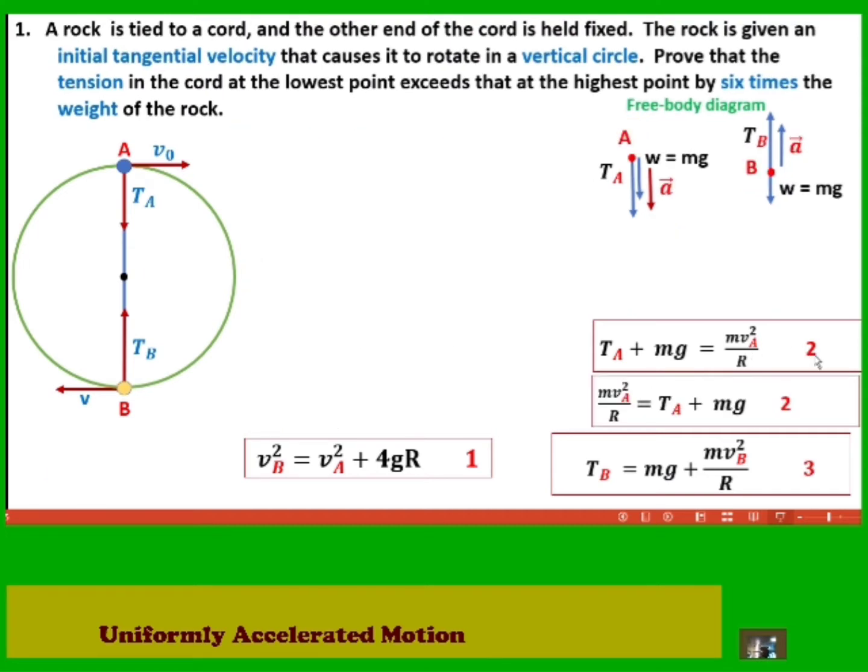From equation number 2, interchanging the left and right side of the equation so that we express m v sub B squared over r equal to T sub A plus mg. We just rewrite equation 2.